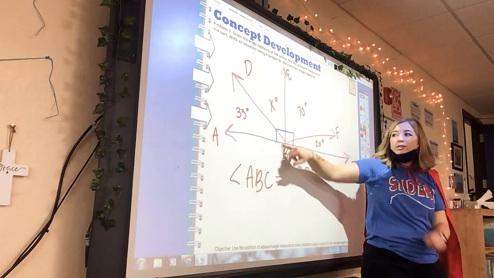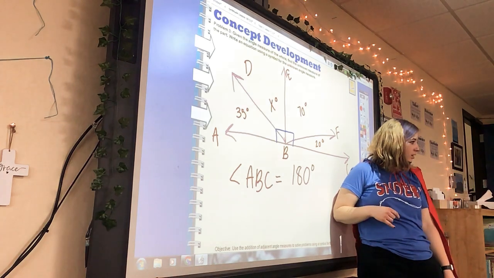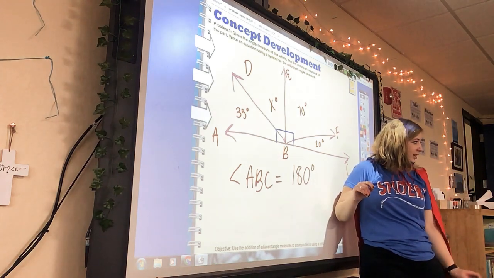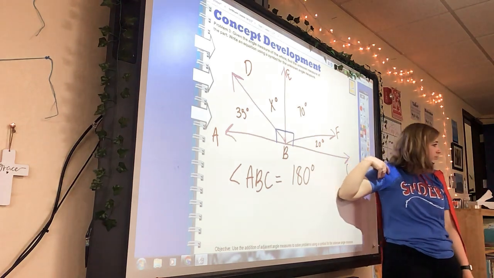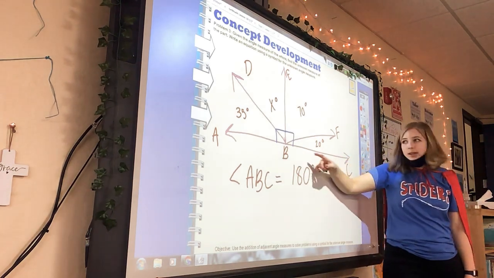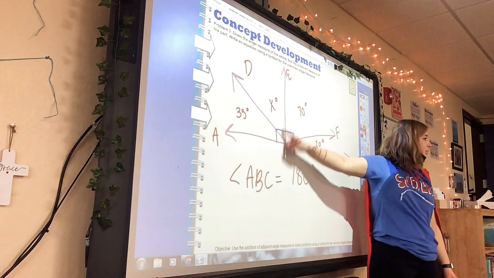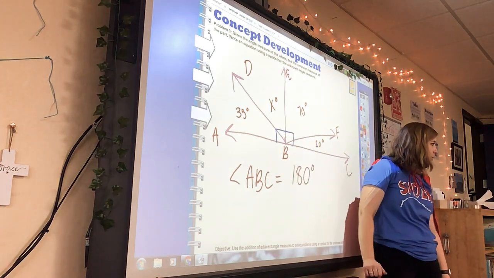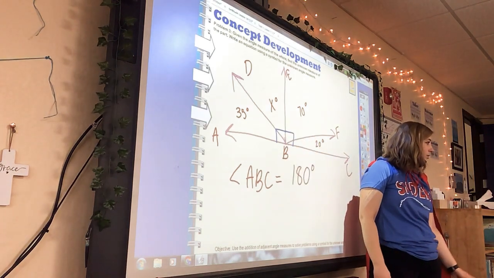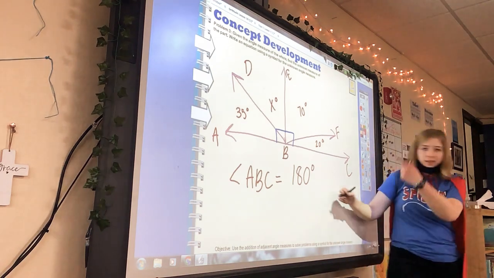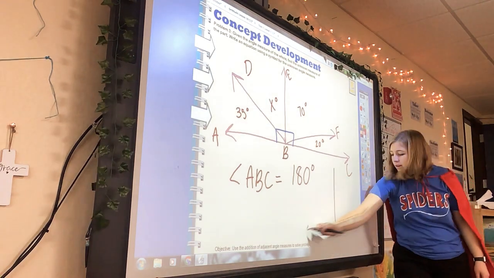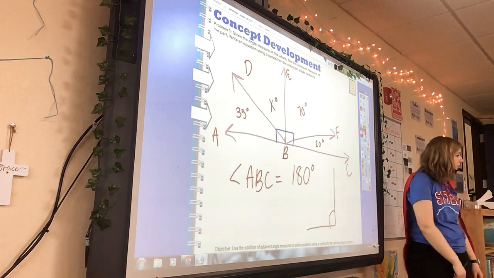What is it when you see an angle and there's a little box? What does that mean? Olivia, do you know? What does the box mean? Not quite. What does it tell you that that angle measures? I'll draw it again without all the distractions.